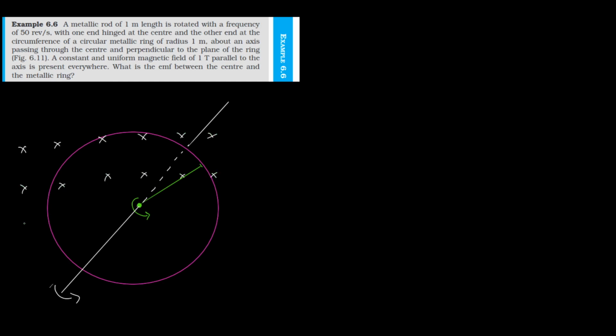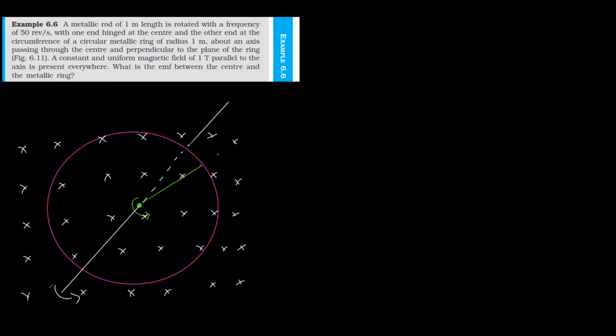The magnetic field is along the axis itself. And don't forget the green rod, which is what is going to rotate in this region, with some angular velocity. I hope they have mentioned that speed. Have they? No, frequency is given, so angular velocity can be easily calculated.